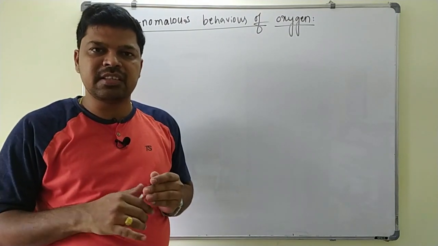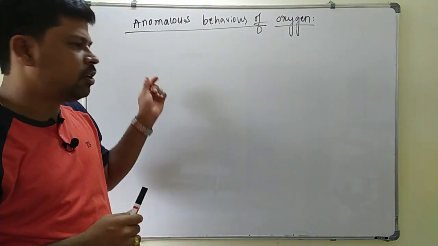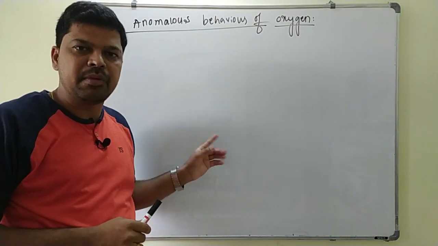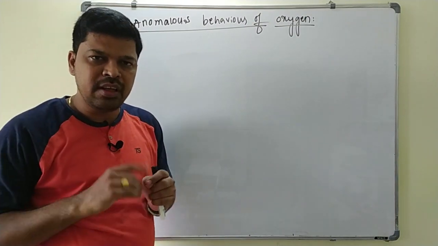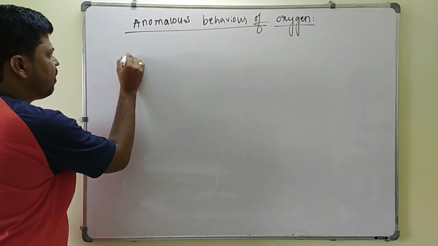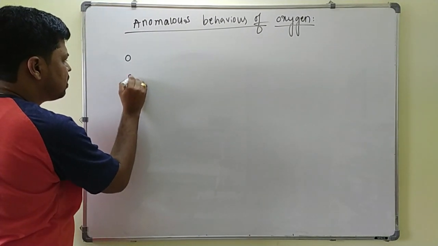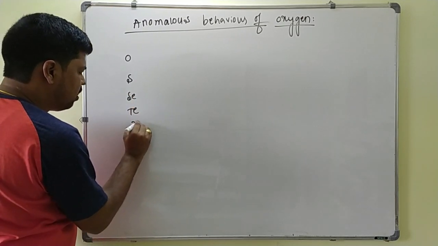Anomalous behavior is nothing but in each group, the first element of each group will show different properties than the remaining members of the same group. That different properties of the first element is called anomalous behavior. For example, in group 16, the members are oxygen, sulfur, selenium, tellurium and polonium.